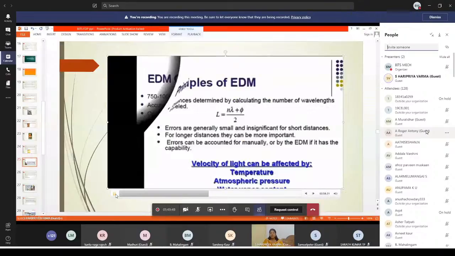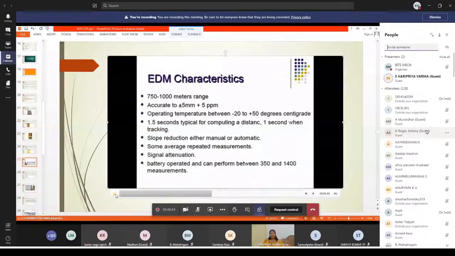The EDM characteristics provided to each of the meters range. So now let us have a master video on the EDM remote unit.